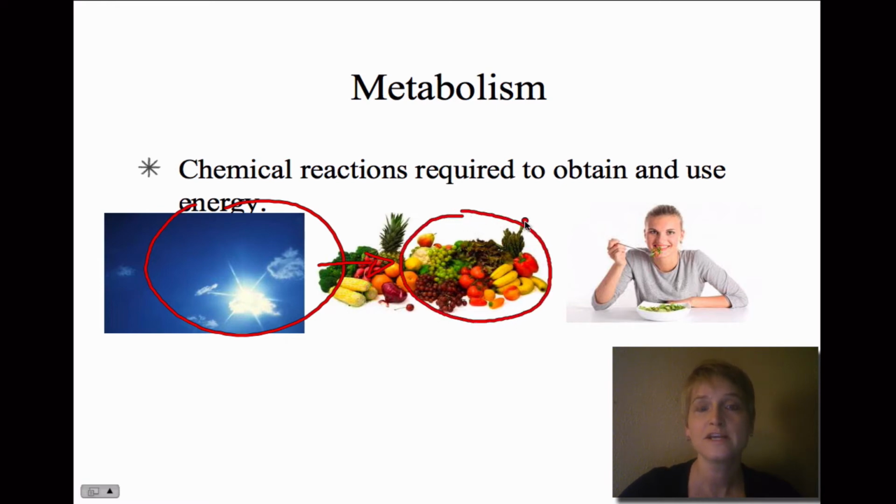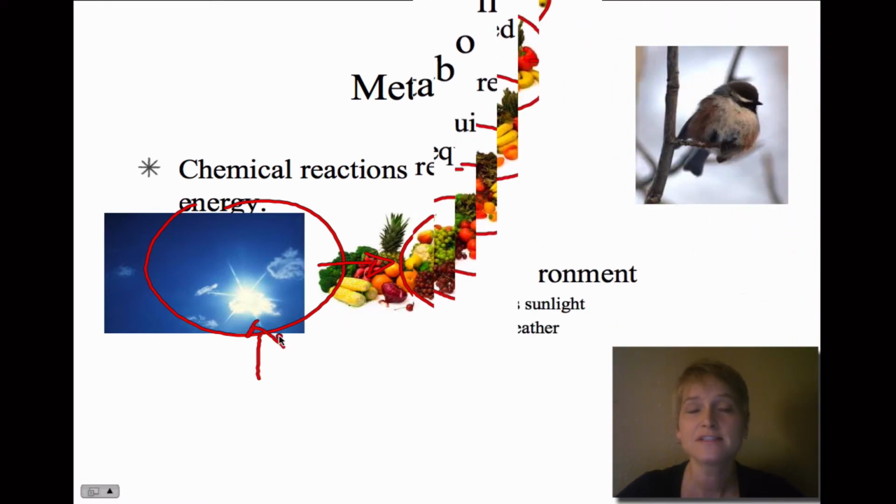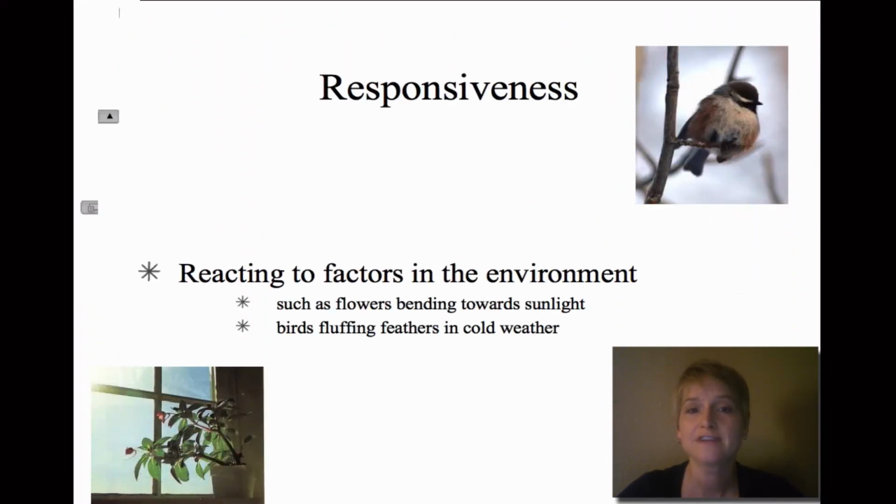And then we, in turn, will eat those plants, or we will eat meat, which came from an animal that probably ate plants. If they didn't, if they're a carnivore, then eventually the chain goes back to the sun, because that's where all of the energy comes from.